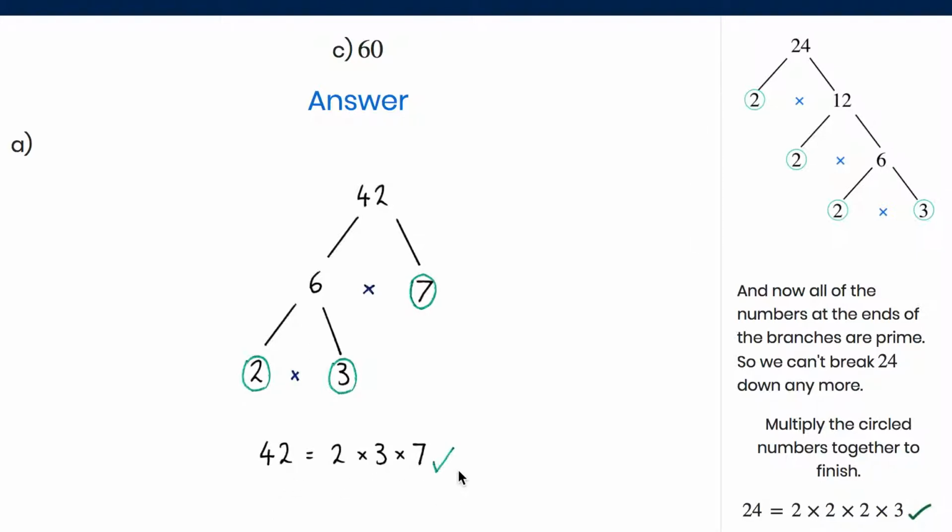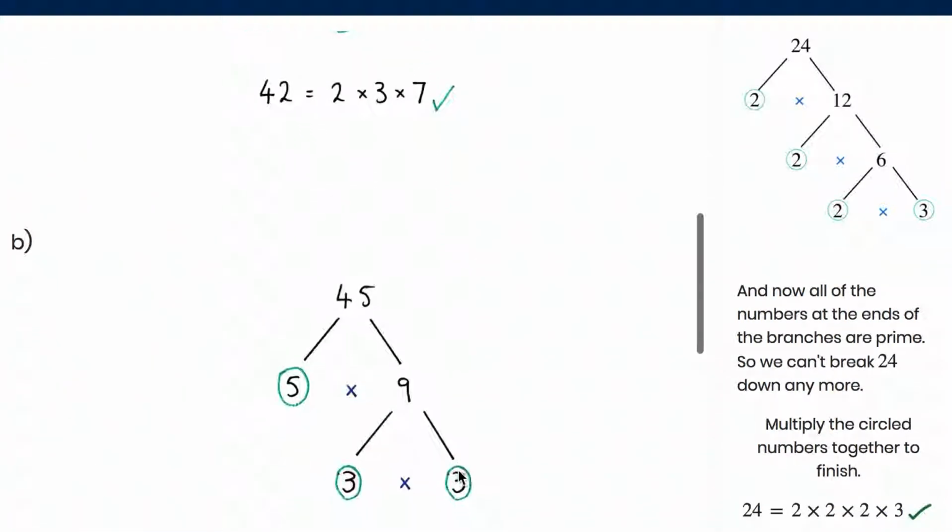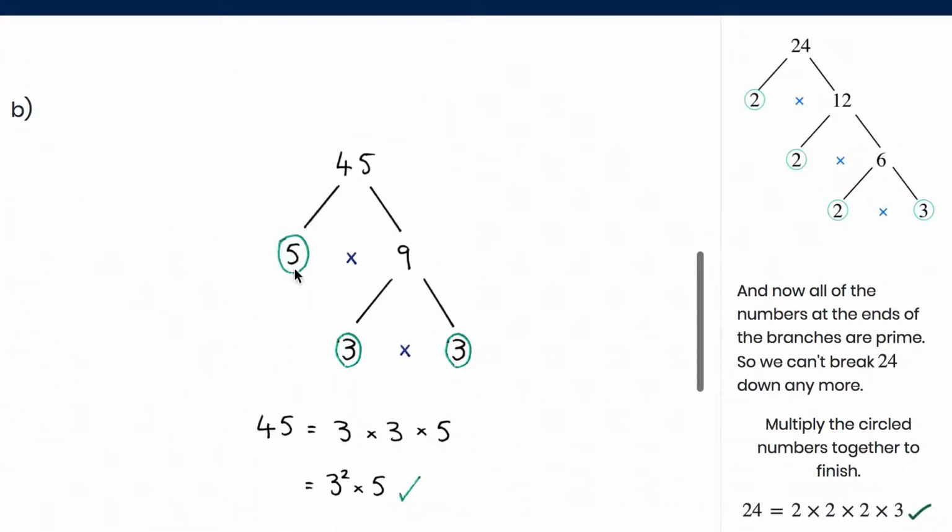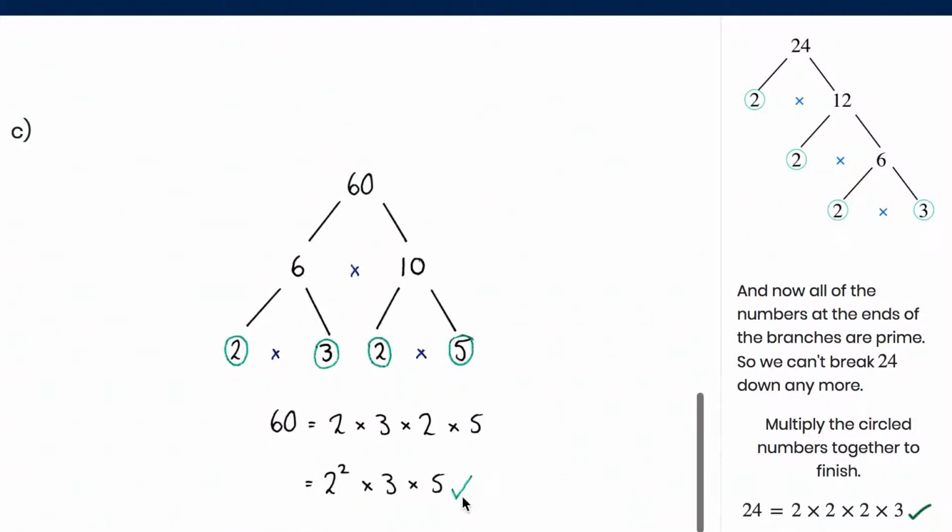And for part B, we can break 45 down to 5 times 9. 5 is prime, so we circle it. 9 isn't prime, so we can write it as 3 times 3. These are both prime, so 45 equals 3 times 3 times 5, which is neatened up to 3 squared times 5.